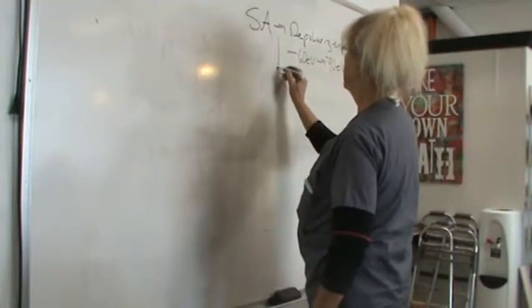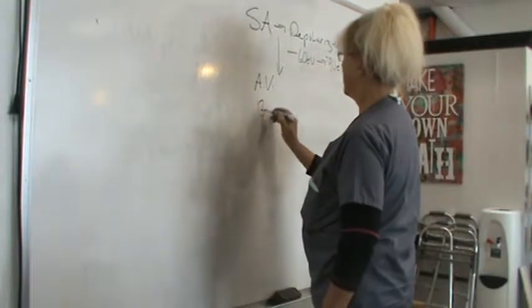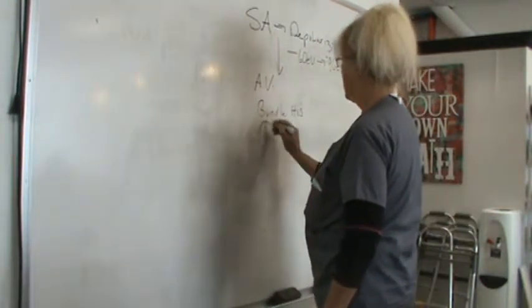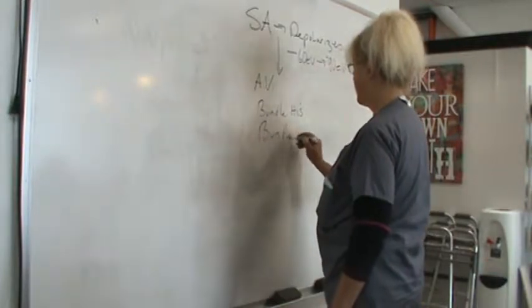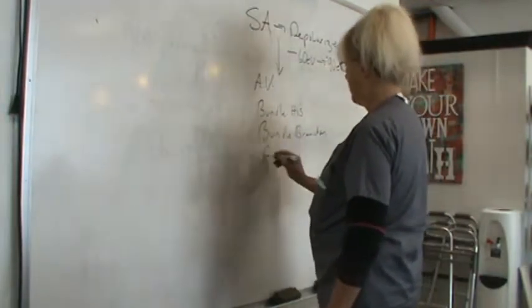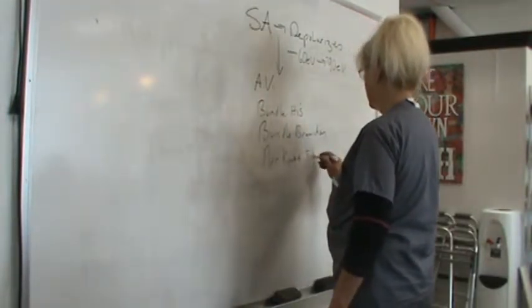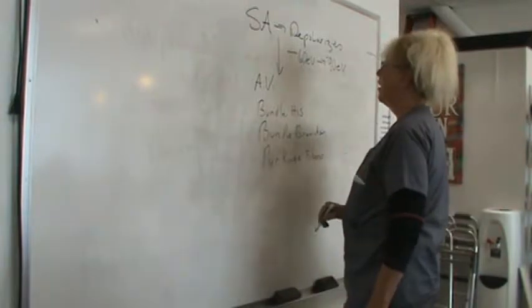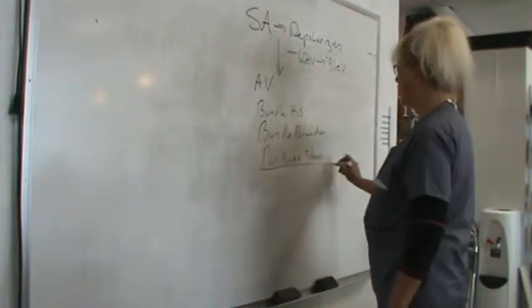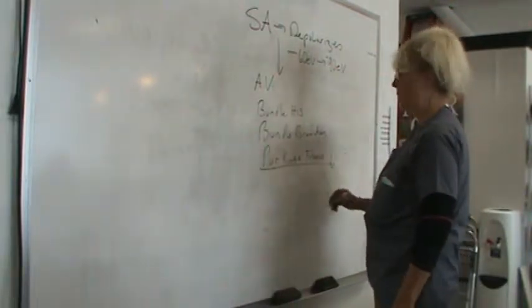And we continue through the AV node to the bundle of His, to bundle branches, to Purkinje fibers. And once we get to the Purkinje fibers, basically the heartbeat's almost over.